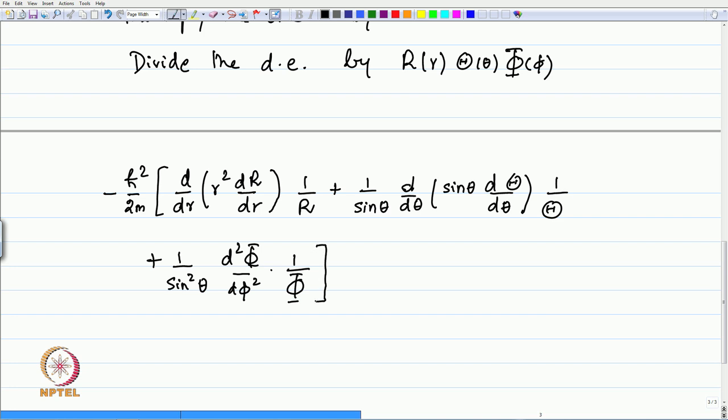Okay, so, this will be the radial part, angular part of the kinetic energy term, and then the remaining, namely minus Ze square, because we have multiplied everything by r square, by 4 pi epsilon naught, and will not have any function here because that has been divided out, and also what is left over is the E r square is equal to 0.